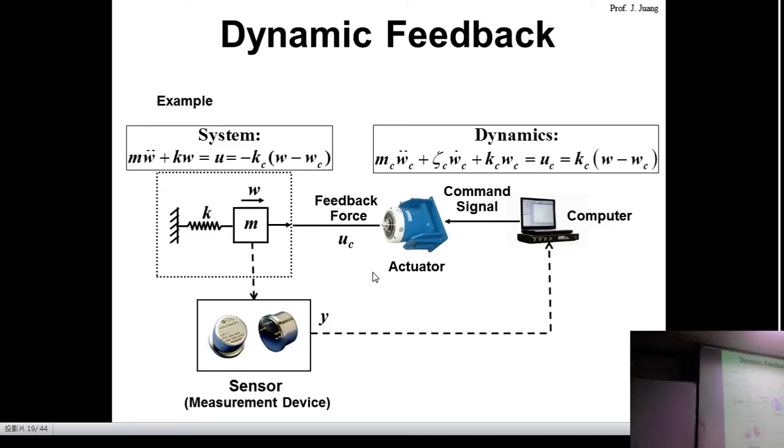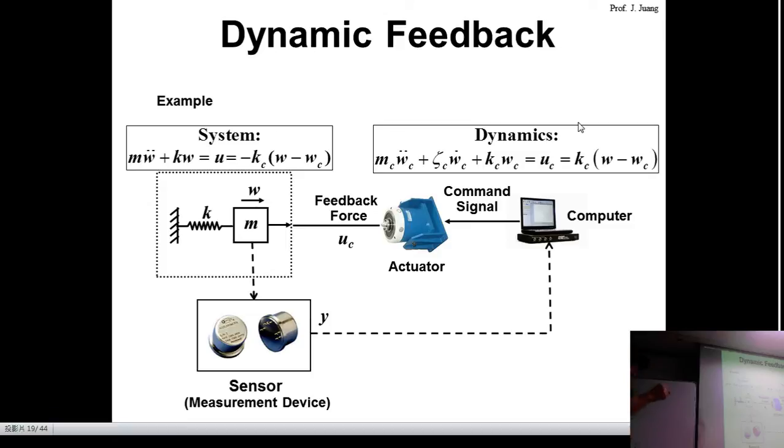So the computer, based on the Y coming out, will be using these dynamics equations. This is not direct feedback at all. There's a dynamics equation there, and that dynamic equation is virtual.